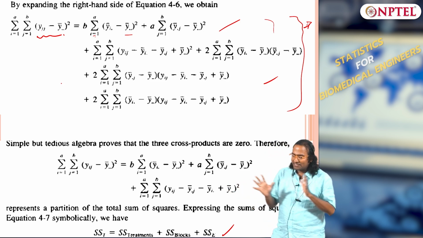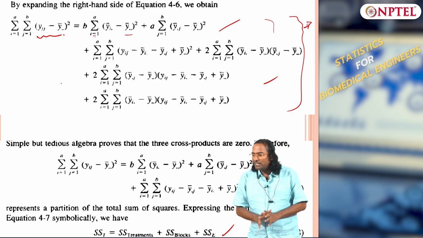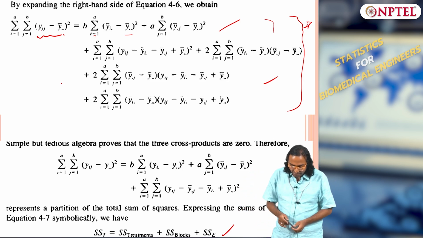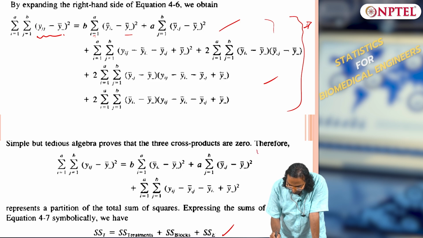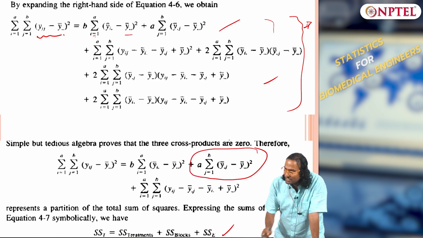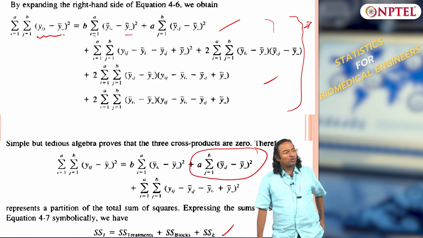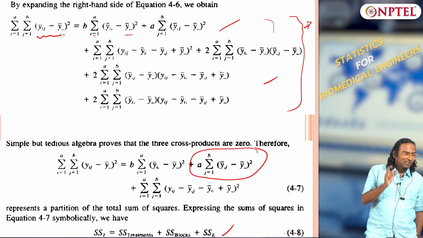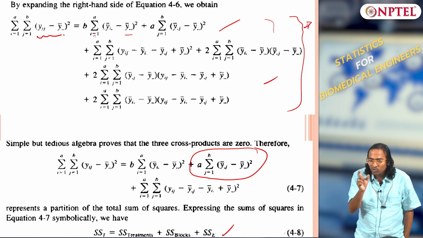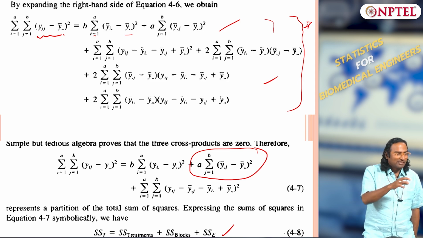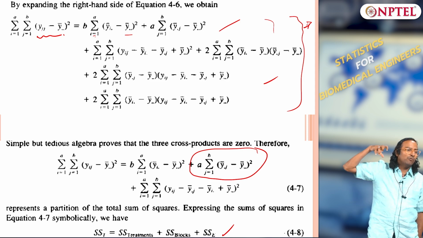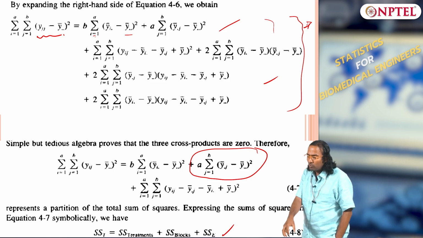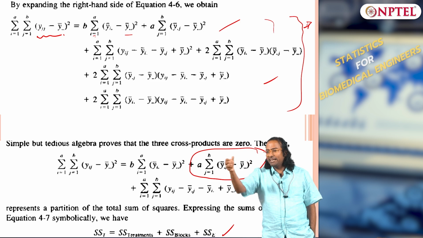That difference in SS is what you get as advantage, or in other words, a into the sum of (y dot j bar minus y bar dot dot) the whole square, that is the variance benefit you are getting due to blocking, because that much variance you are pulling out of the noise in the sum squared error term, and treating it separately.